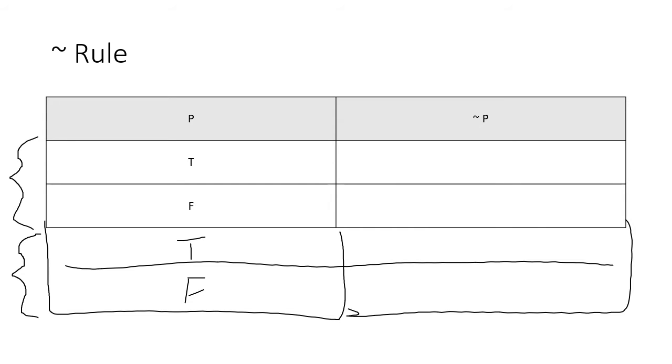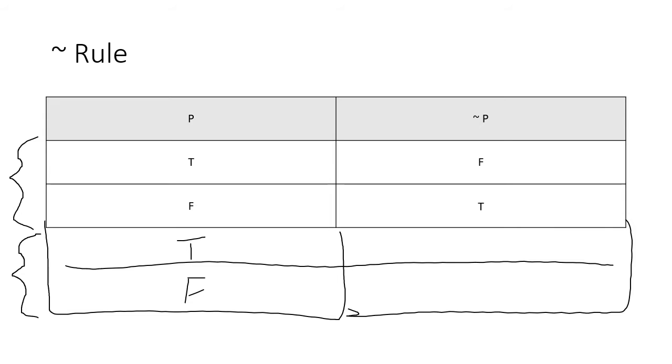So both of these will be the exact same, which we'll just follow through and do here. But the tilde rule is pretty easy. If the key is showing a true, then it's false. And if the key is showing a false, it's true.